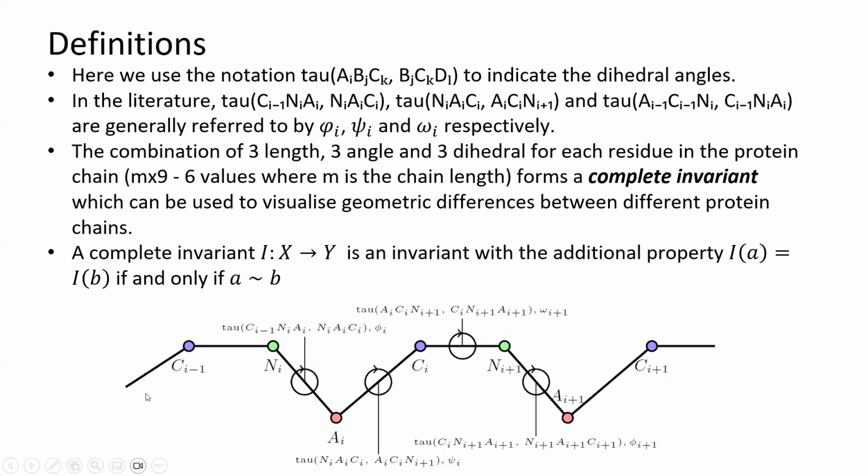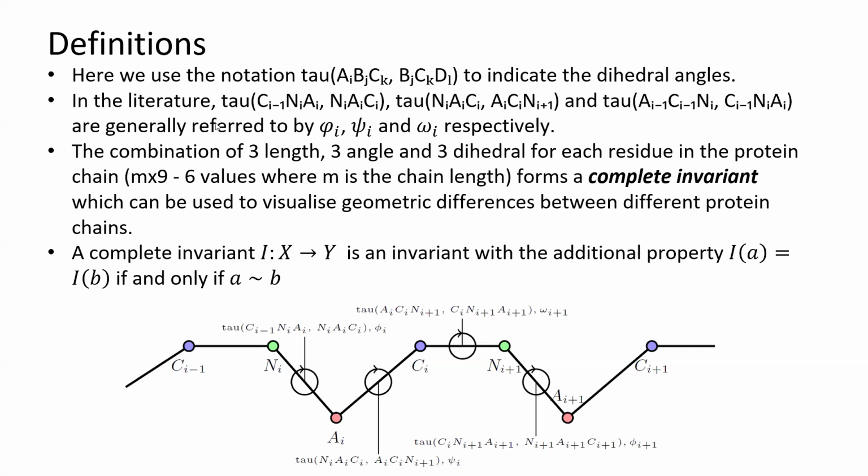Basically, the dihedral angles are the angles between two half planes that span the three previous atoms and then the three next atoms. So in this case, for example, tau with C_{i-1}, N_i, A_i, then N_i, A_i, C_i. That's the plane that spans these three on the left and the plane that spans these three on the right, and then we figure out the angle between them.